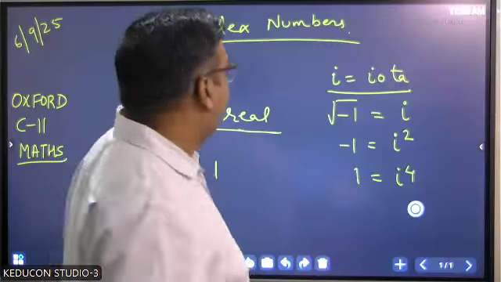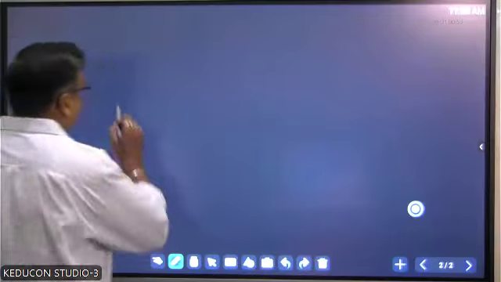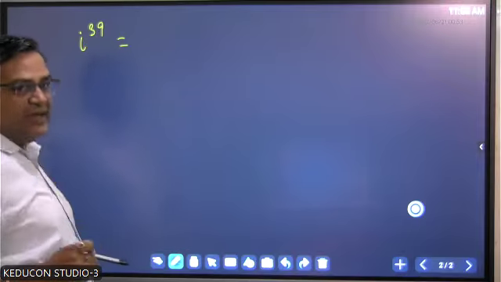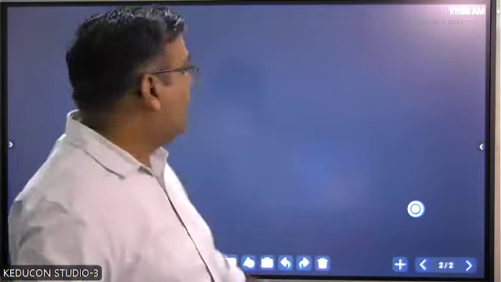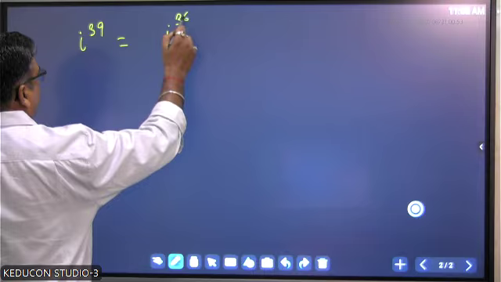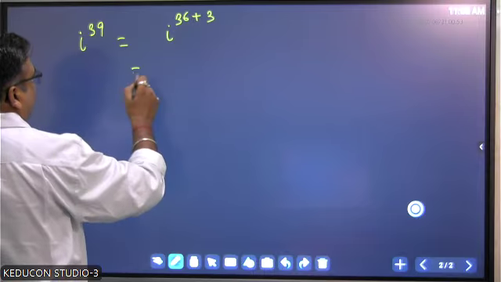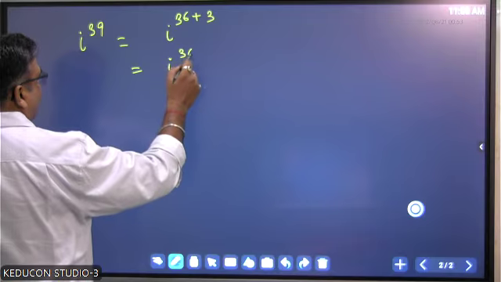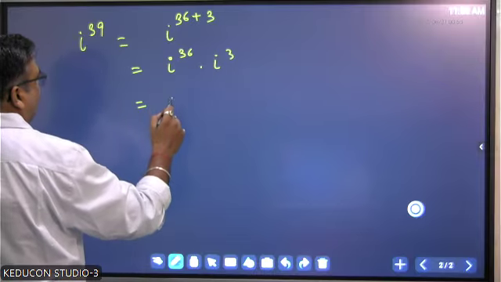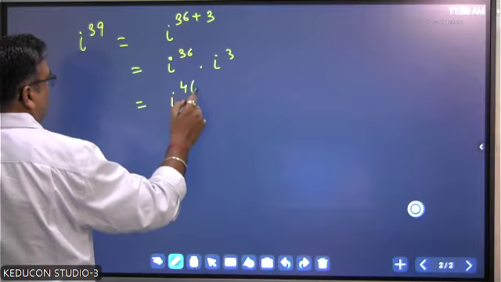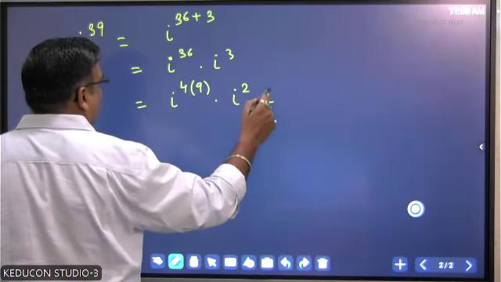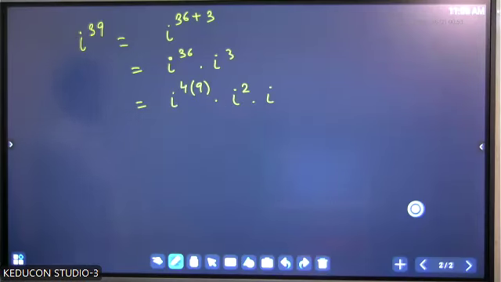For example, if I have to find the value of, let's say, i to the power 39, what will be the value? Always write it in the form of multiples of 4. Can we write it as 36 plus 3? It can be written as i to the power 36 into i cube. i to the power 36 is in the multiple of 4, and this i cube can be written as i square into i, right students?